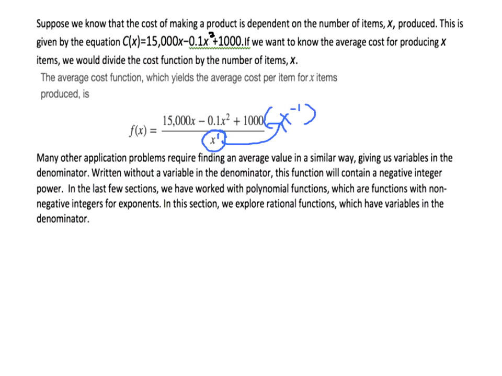This is the difference between a polynomial function and a rational function: our definition of a polynomial function said we had to have positive exponents only on our variables. Rational functions incorporate negative exponents, but we don't show them as negative exponents, we just put them in the denominator. So a rational function is one that is going to have a variable in the denominator.